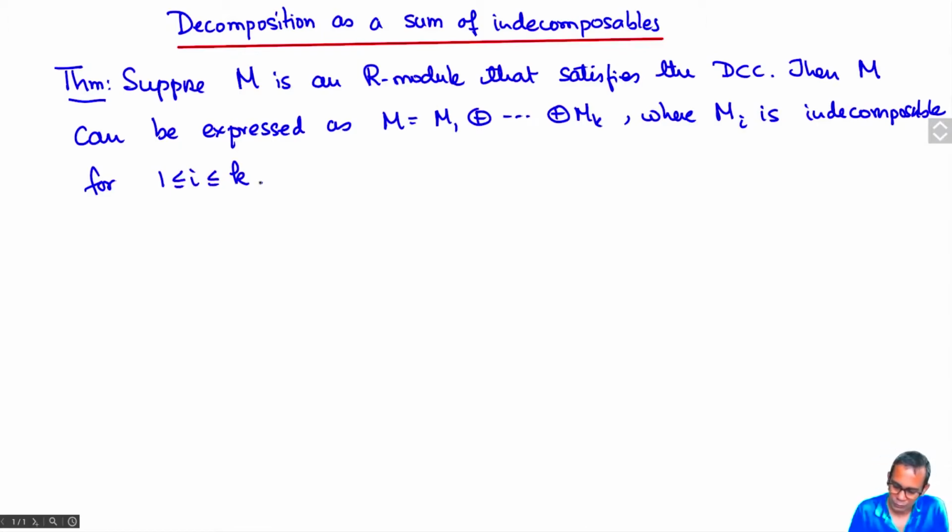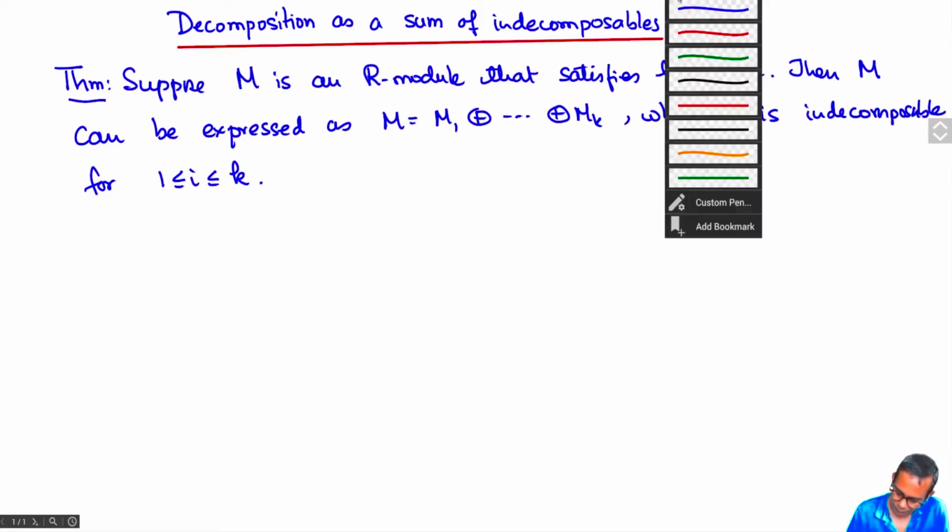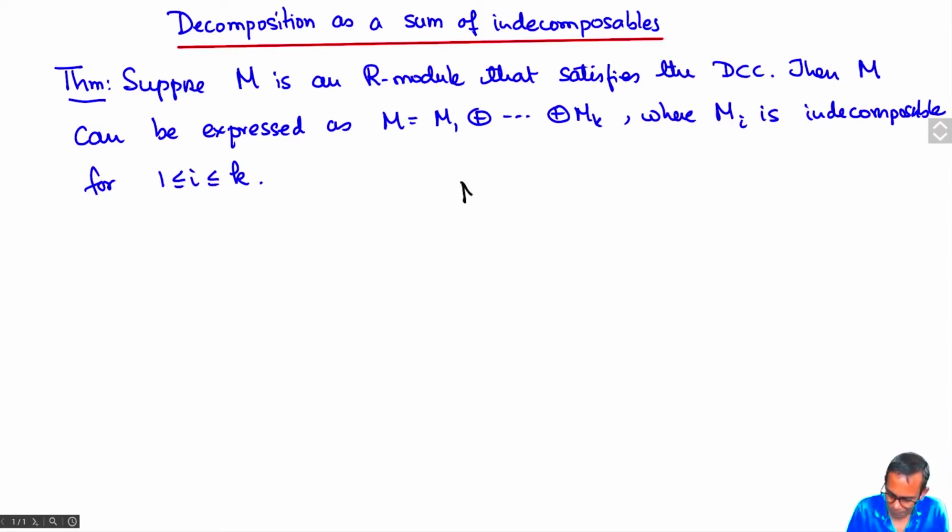Now, before I give you the proof, let me just give you the proof idea. You start with M, and if it's indecomposable, then you're done. If it's not indecomposable, then you can break it up as a sum of two submodules, both of which are non-trivial, say M1 and M2.